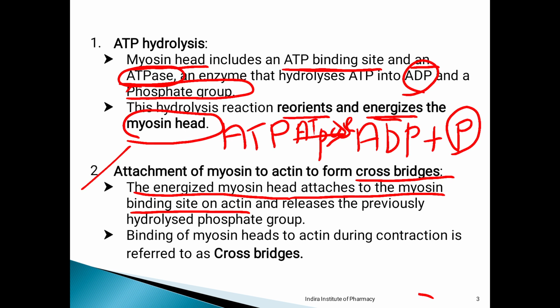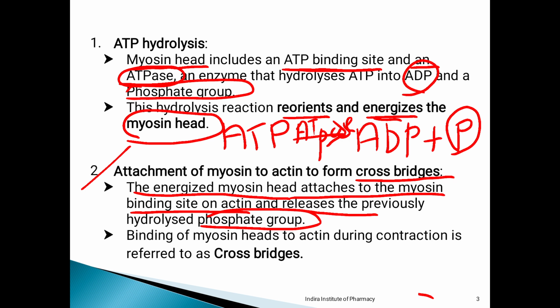Once they bind, it will release the previously hydrolyzed phosphate group. We have seen that the phosphate group is attached to this myosin head to provide energy, so it will be released in the second step.